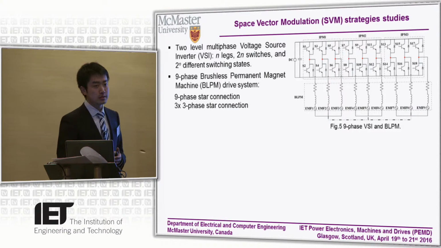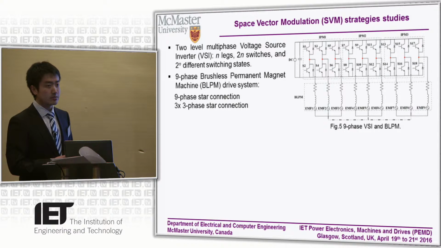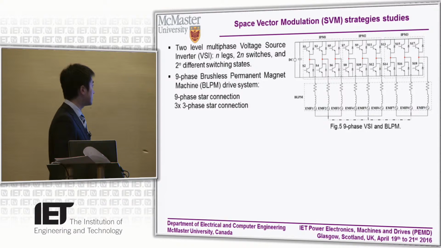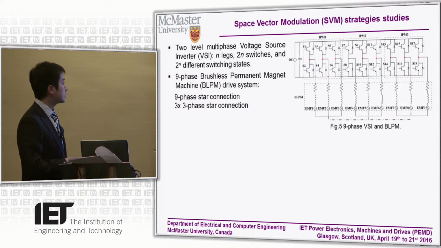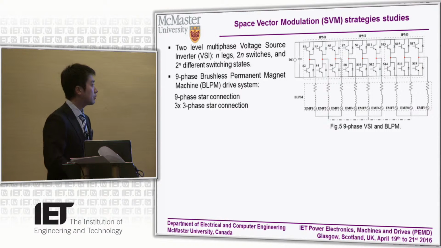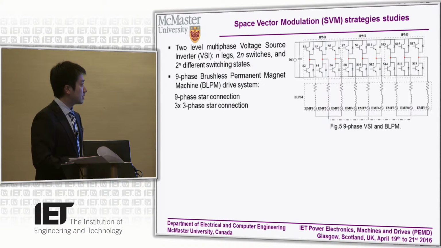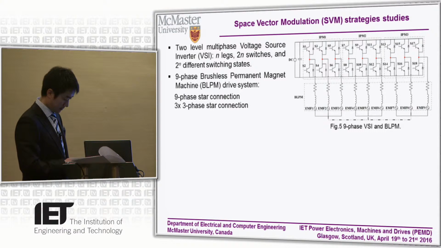This topology is for the SVM strategies, except the group-based SVM strategy. The second topology is the group-based 3 times 3-phase star connection topology, where we have three separate SVM schemes, and there are three separate neutral points here. There are three stars here.